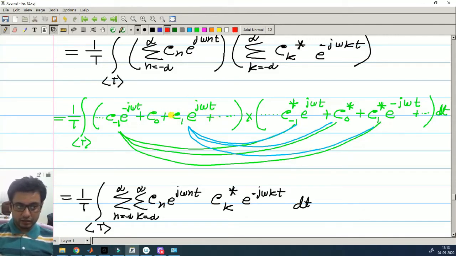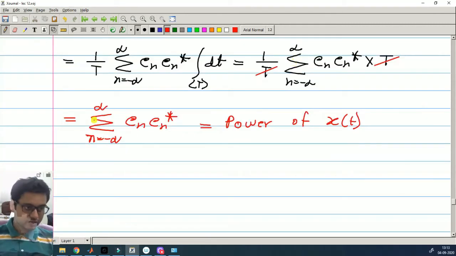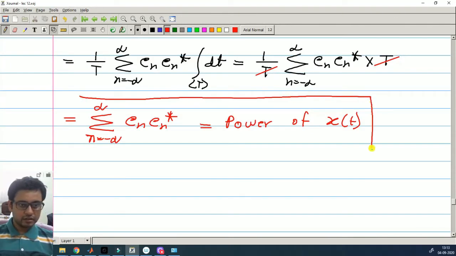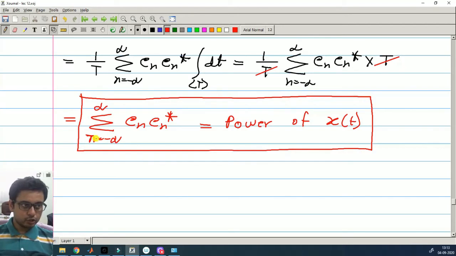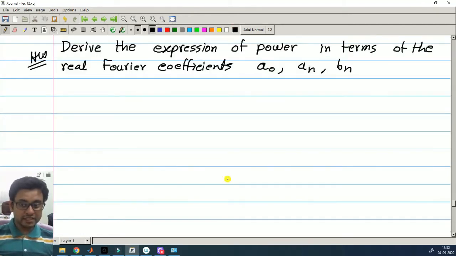Whenever the frequencies match, those terms survive. So this is a very important result.